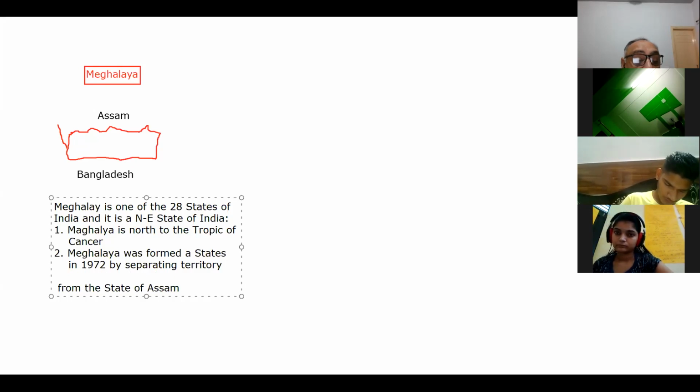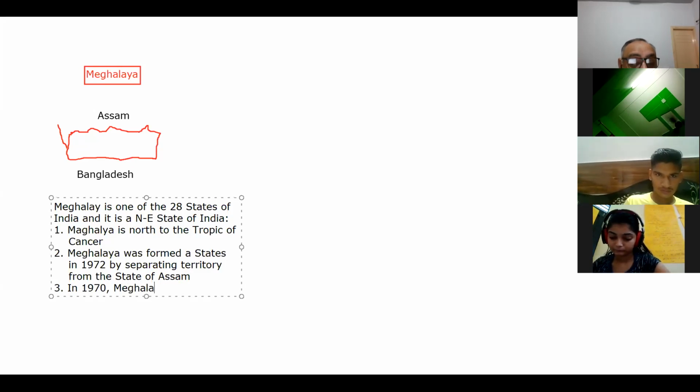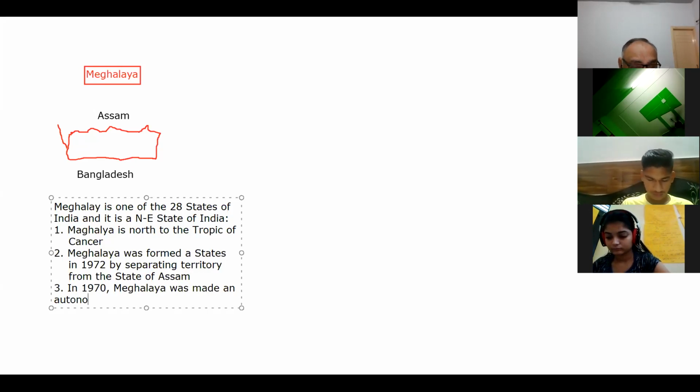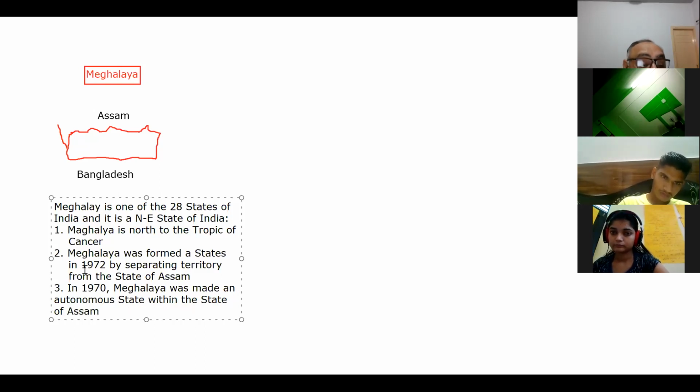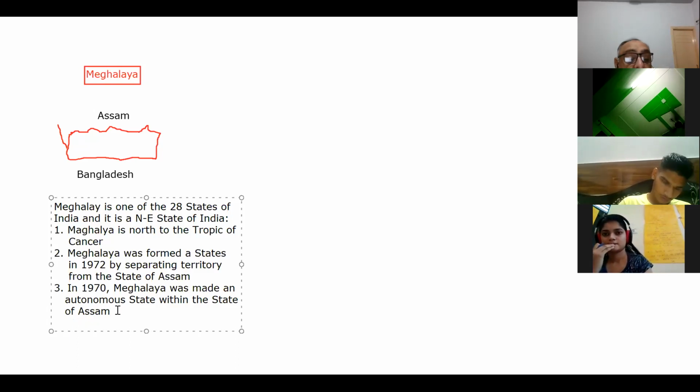And before that, in 1970, Meghalaya was made an autonomous state within the state of Assam. And Meghalaya is the only state of India to enjoy this status, right?